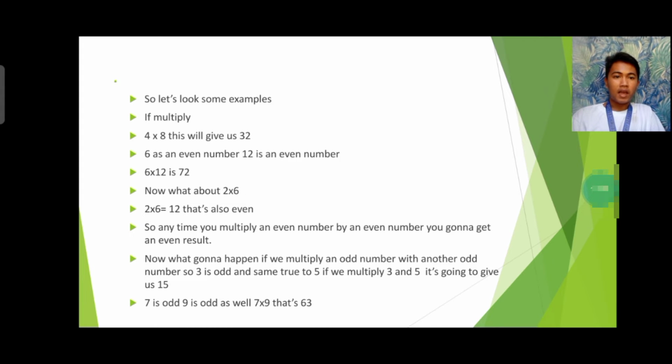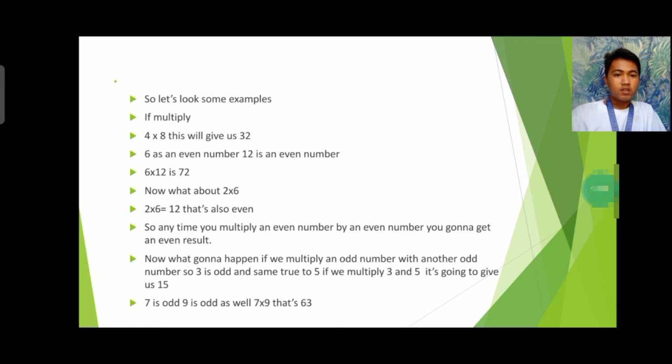Now, what is going to happen if we multiply an odd number with another odd number? So 3 is odd and the same is true for 5. If we multiply 3 and 5, it's going to give us 15. So 15 is an odd number.